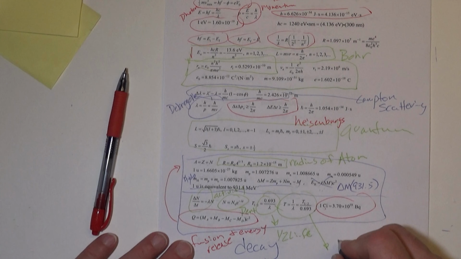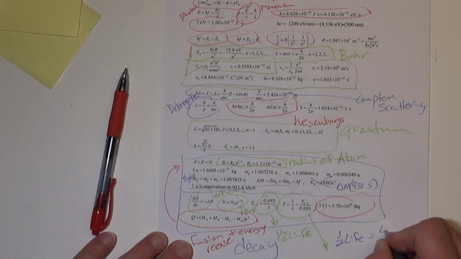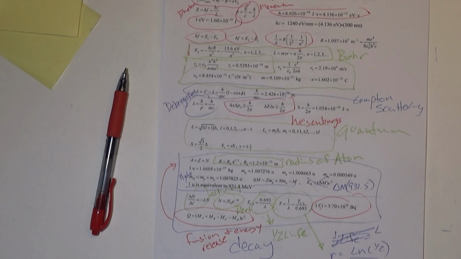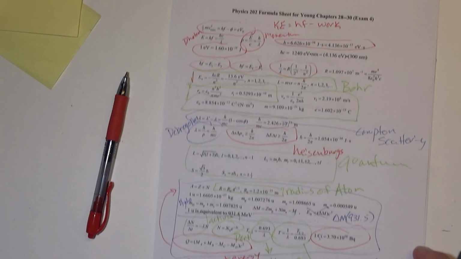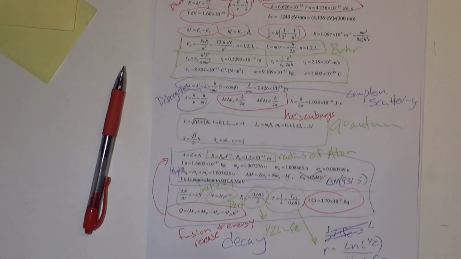Here's what I use in their place: my decay rate is the ln of 1/2 over the half-life. So this time, the way I do the equations is very, very different from what he's doing.